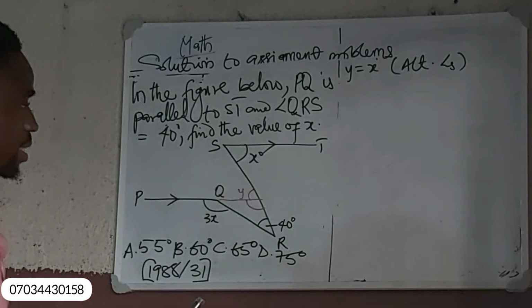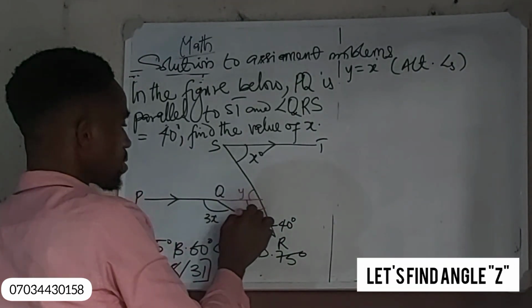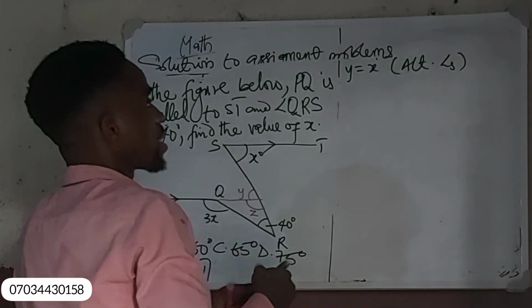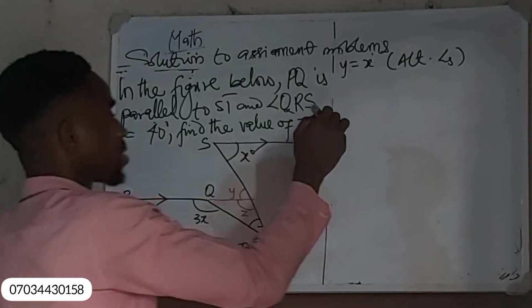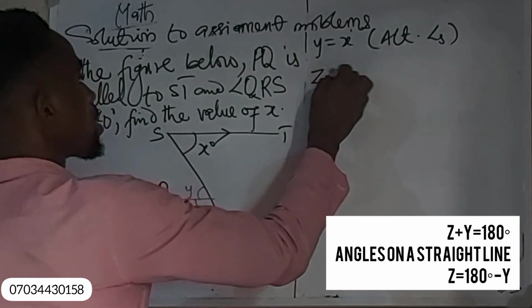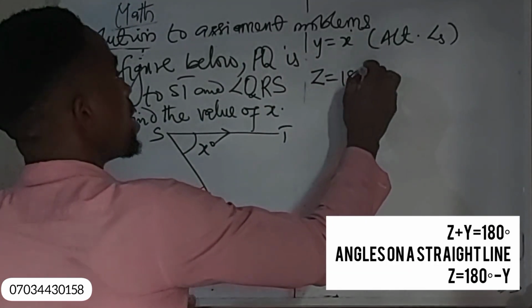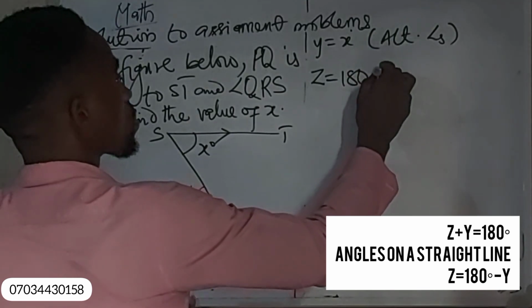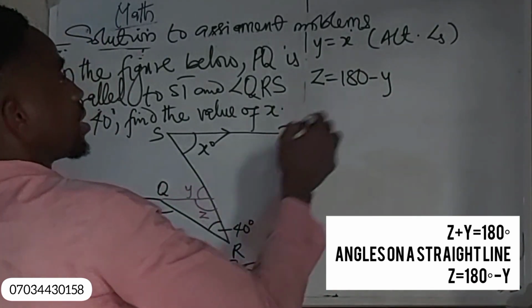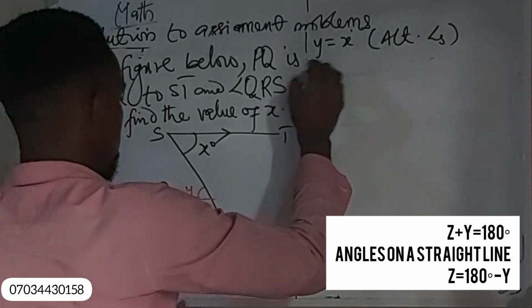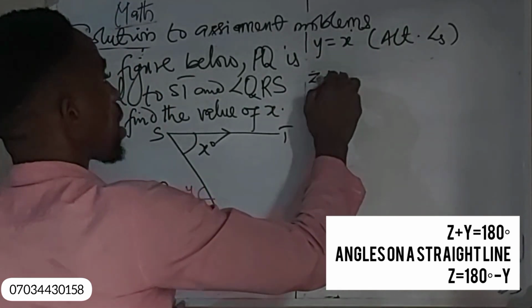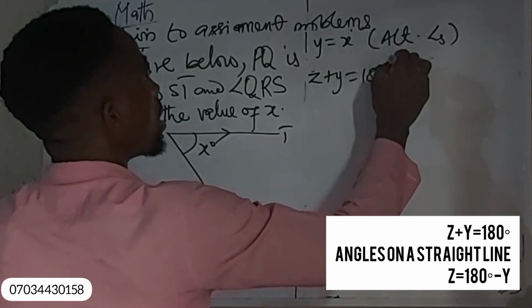So in this angle, I'll call it angle z, because this is a straight line, that's angles on a straight line, 180 degrees. So I'll say that z is equal to 180 minus y. Okay, let's put it first that z plus y is 180.